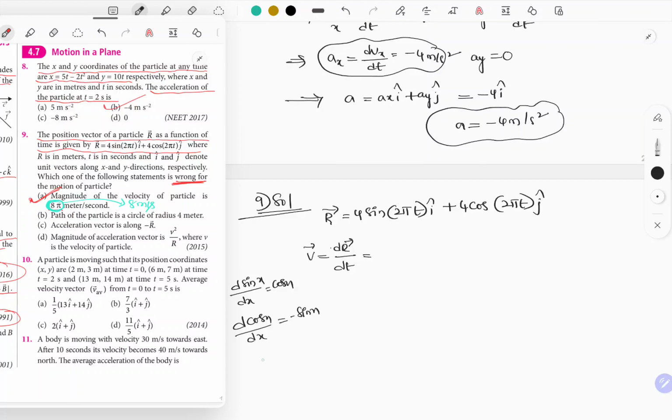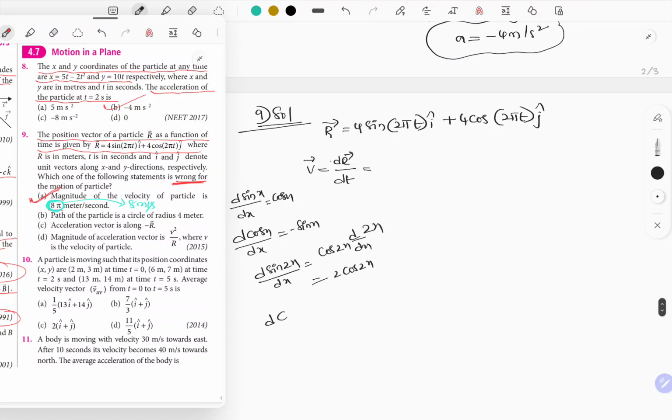But if they are asking d sin 2x divided by dx, the differentiation of sin 2x is cos 2x. Then again you have to differentiate 2x. This 2 comes as a multiplier, so you are going to get 2 cos 2x. Whenever you are dealing with differentiation of sin or cos function, remember this point, 2 cos 2x.